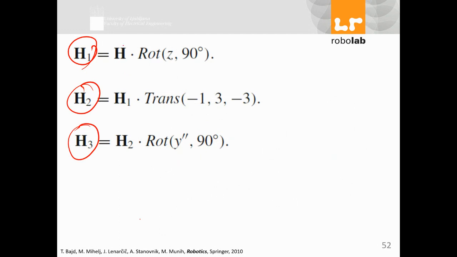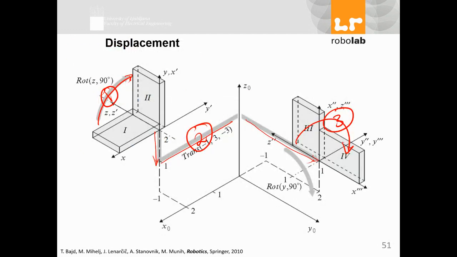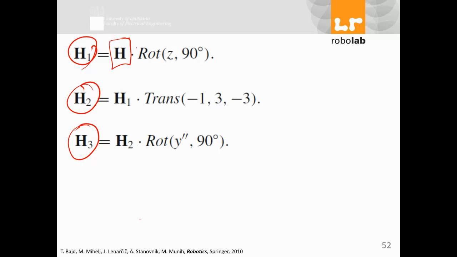Originally I'm in a location. This location is here compared with the base system, so I have this far, this high, and this distance in this direction. We show that with an H. So this is the original location of the object.